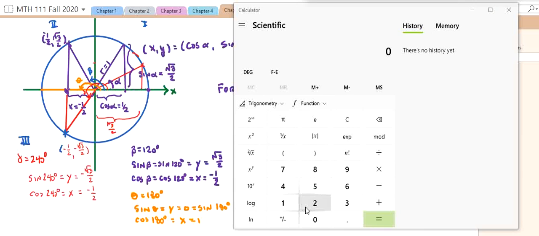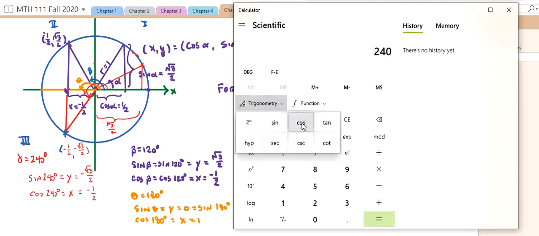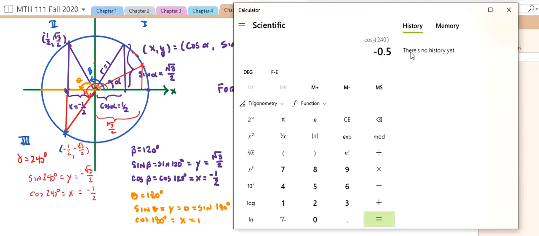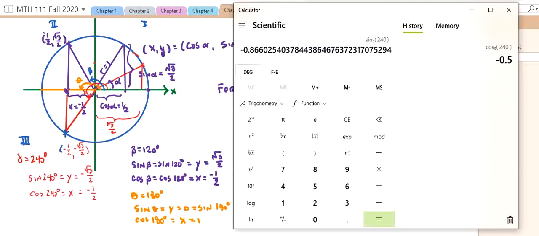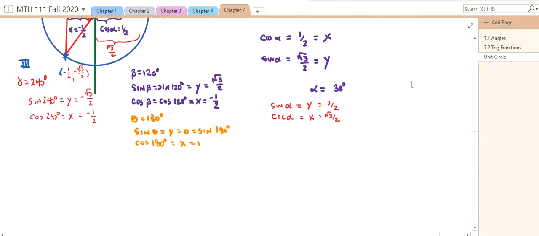Let's check this with our calculator. 240 degrees, so I'm in degrees here, and I'm going to take cosine of this, minus 1/2. 240, let's do it again. I'll take the sine of this, and it's minus 0.866, or square root of 3 over 2. So that's how we handle 30-degree increments and 60-degree increments.